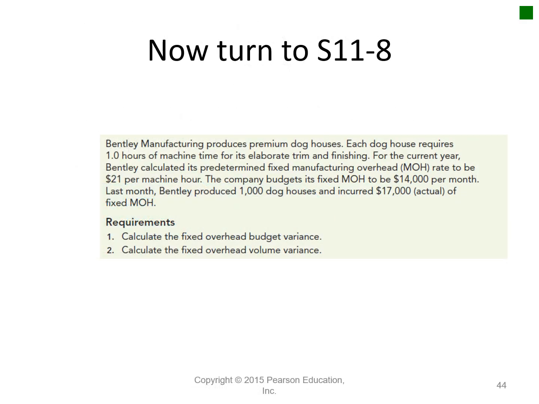So we're going to look at exercise S11-8. This is where a company makes premium doghouses. Each doghouse requires 1 machine hour for its elaborate trim and finishing. For the current year, they calculated their predetermined fixed overhead rate to be $21. Their budgeted fixed overhead is $14,000 per month.